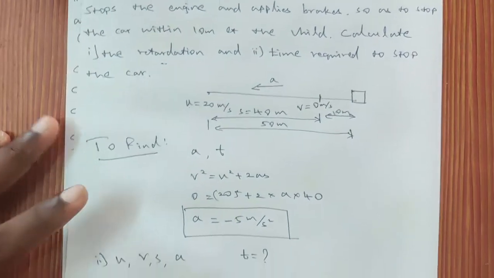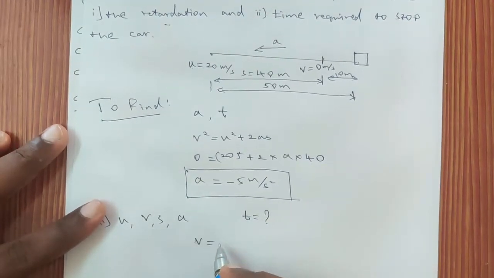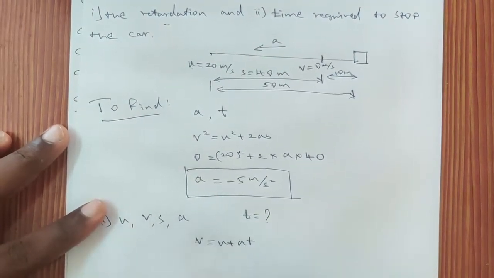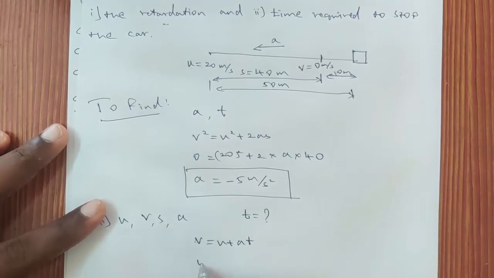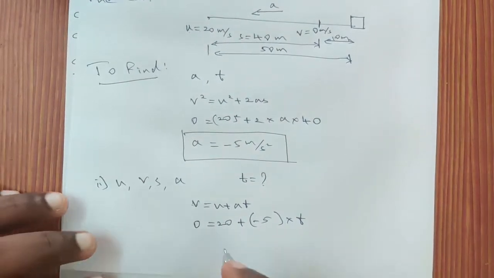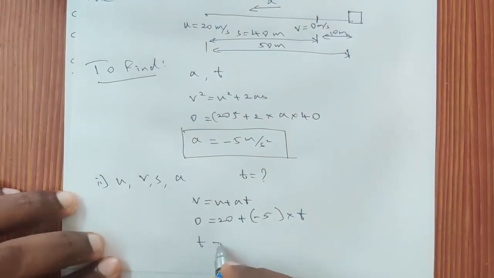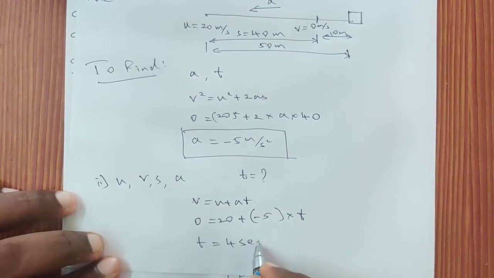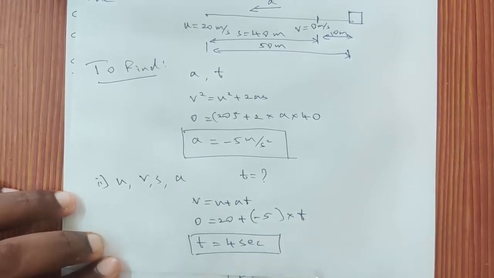Write the first equation: v is equal to u plus at. The value of v is 0, u is 20, plus a is minus 5 into t. If you solve this equation, finally you will get t is equal to 4 seconds.